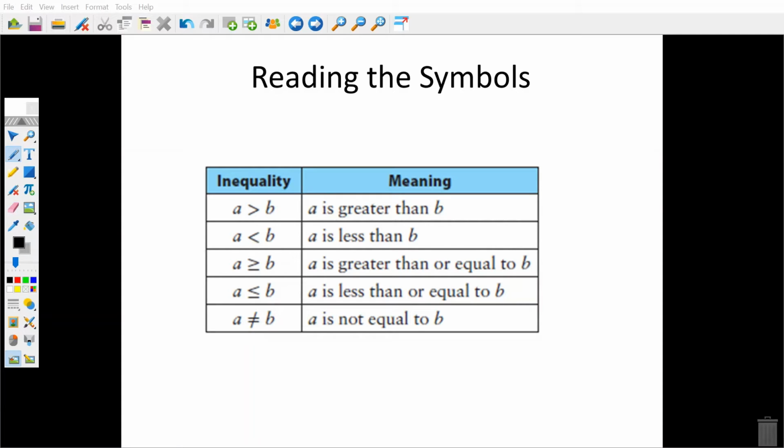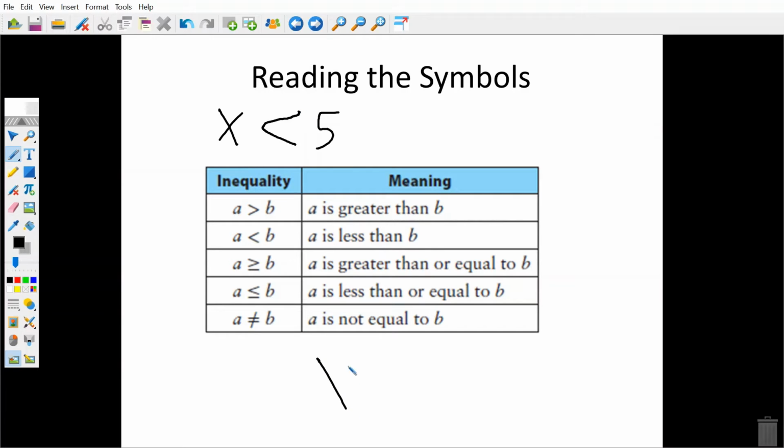Now, how people remember these is very different. A lot of people, when they learn them in elementary school, think that if they've got an X and a 5, and they're told to write down X is less than 5, well, the way I remember it is the less than sign kind of looks like an L. And that's how I remember that L is less than.